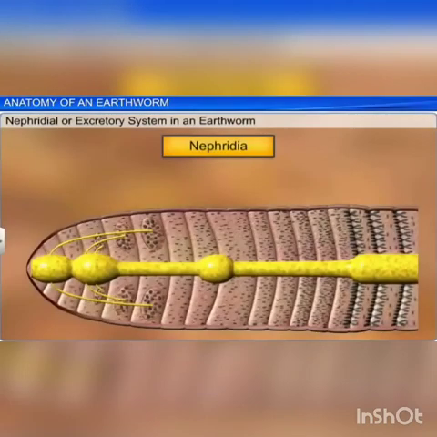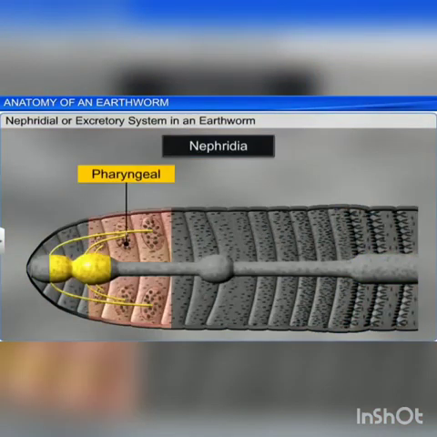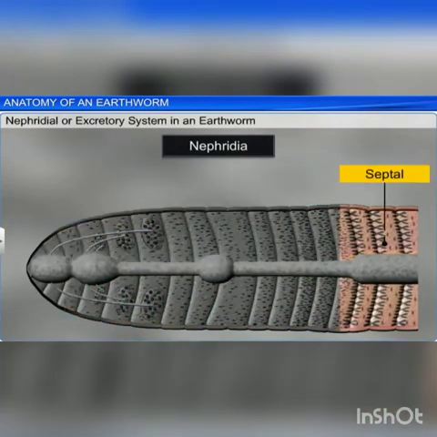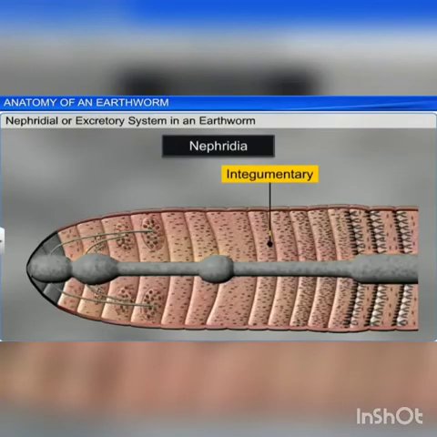There are three types of nephridia: pharyngeal or tufted nephridia, micronephridia or integumentary nephridia, and septal nephridia or meganephridia. So there are three types. One is pharyngeal nephridia and then integumentary and septal nephridia.